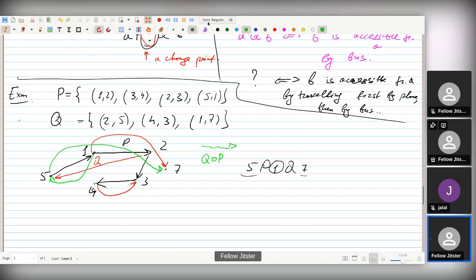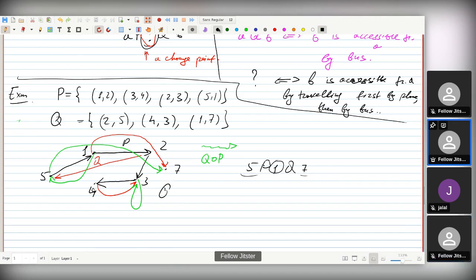3, 3. What about 4? Is there a black arrow outgoing from 4? No. What about 7? Is there a black arrow? No, too.